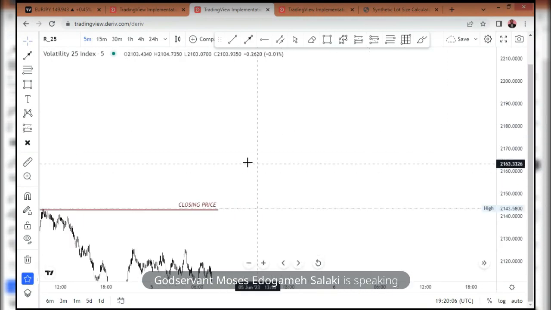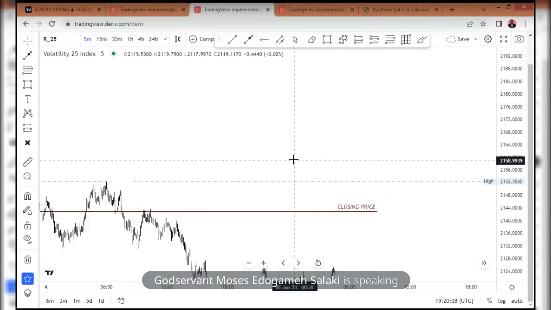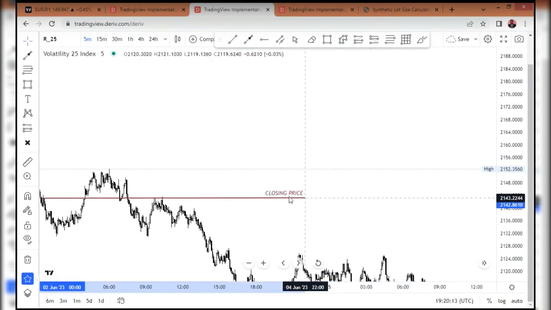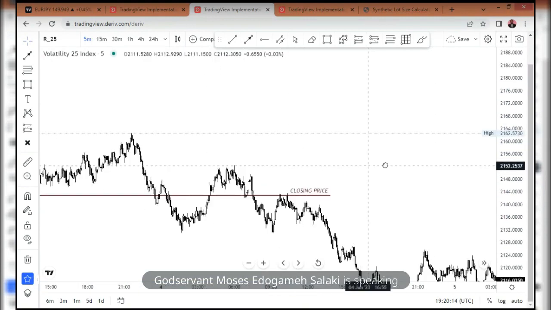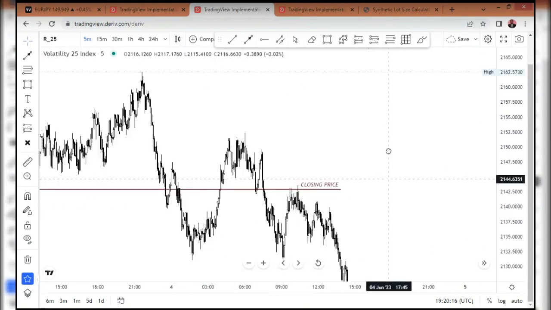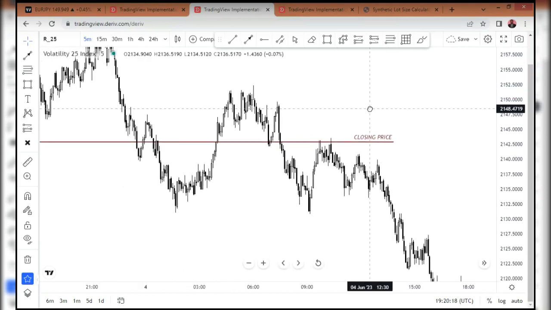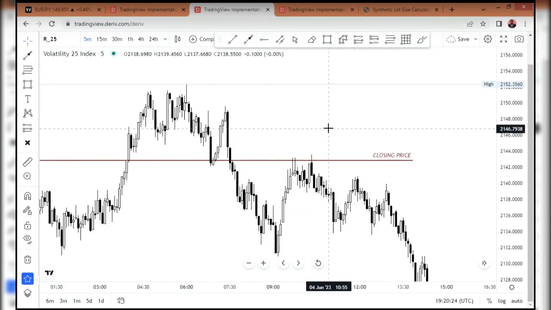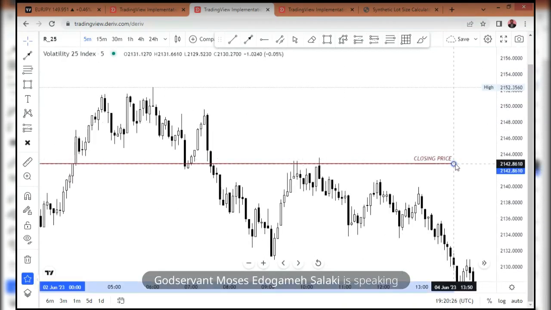Okay, formation was there above. Let's see if we can spot that formation. This was the formation above opening price, above closing price rather. You see that formation structure. That's why I take time to always teach structure.